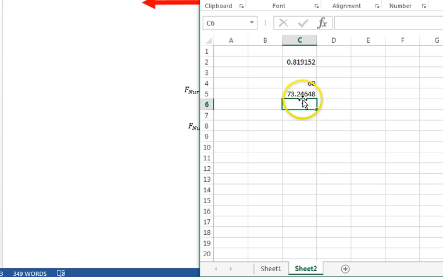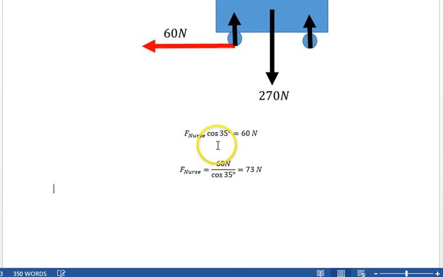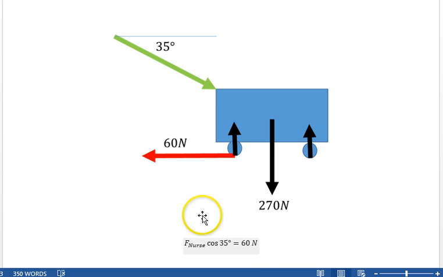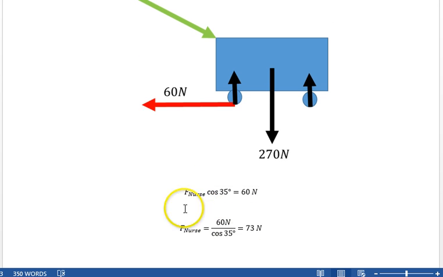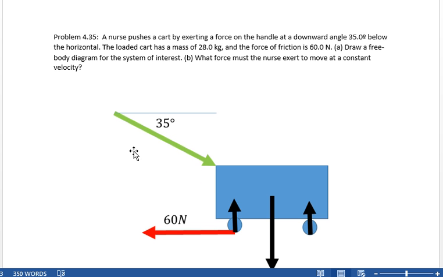Okay, so we get 73 newtons is the force the nurse exerts, right? This puts her at constant velocity, because at 73 newtons, the force she's exerting exactly cancels out the frictional force. And that's it for problem 35.